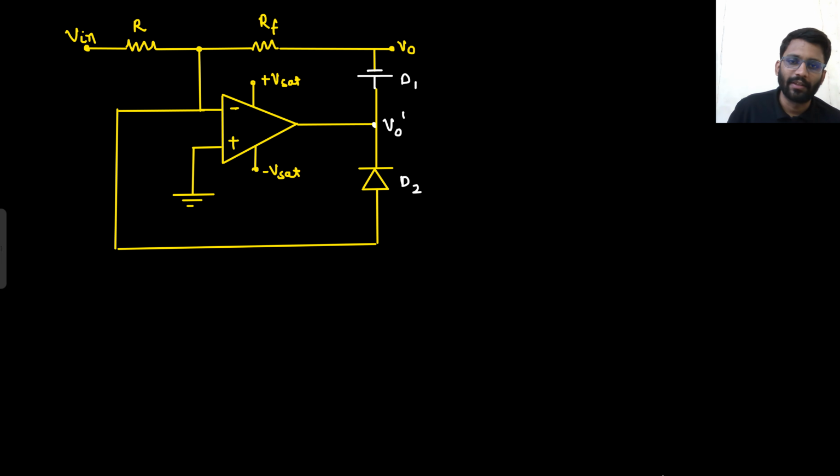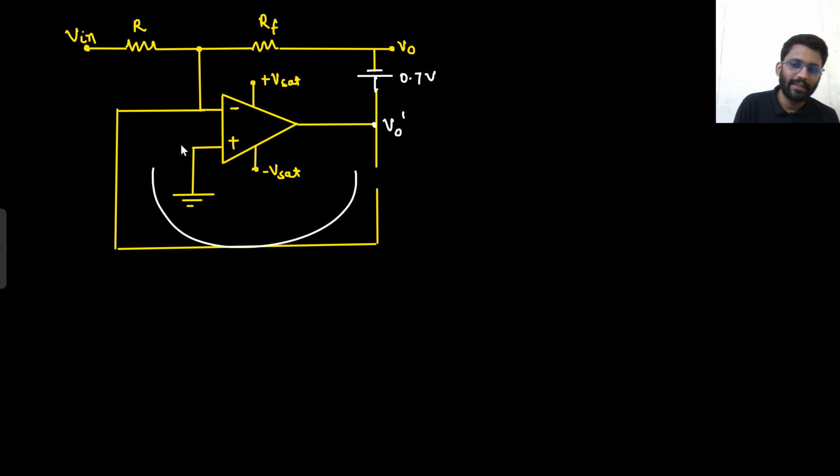This will be replaced with the battery of 0.7. And this will be open circuited. D2 will be open circuited.